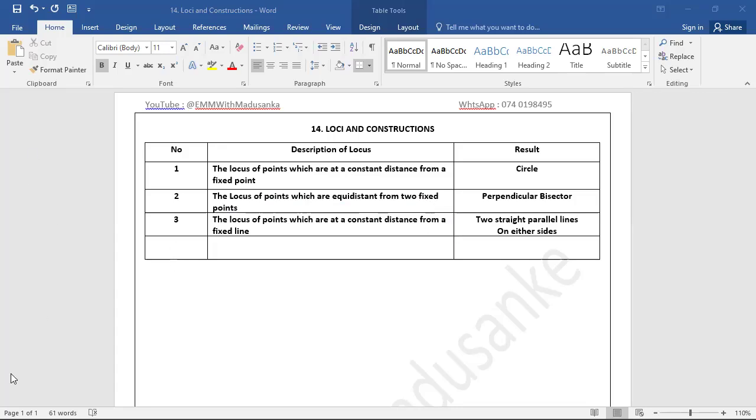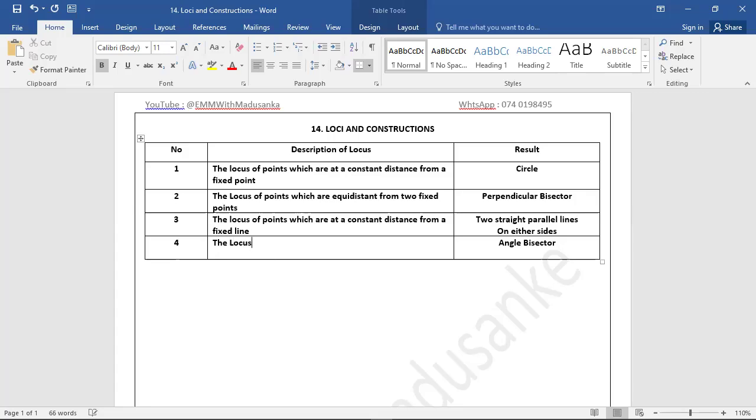So what is our last locus? Last locus is our fourth one, right? We are going to learn about how to construct the angle bisector. So there is an angle. Right? We are going to learn how to construct the bisector of that angle, right? So let's write the description.